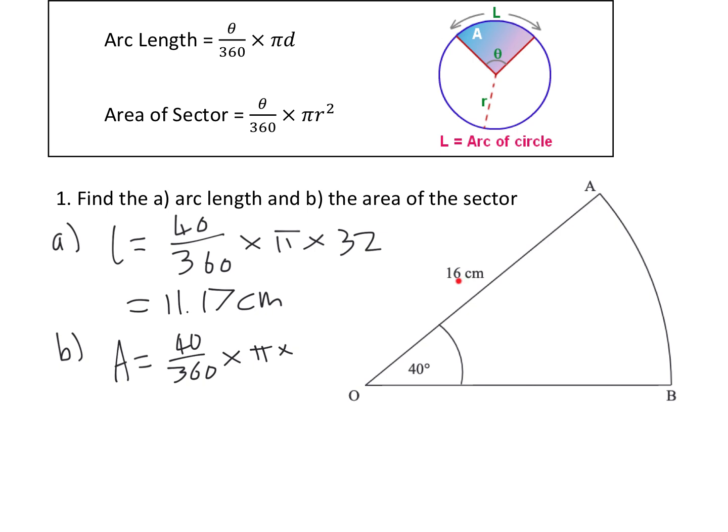The radius we already know is 16, so 16 squared. Again, put that in your calculator, 40 divided by 360 times pi times 16 squared. That gives 9.93 centimeters. That'll be squared because it's an area.